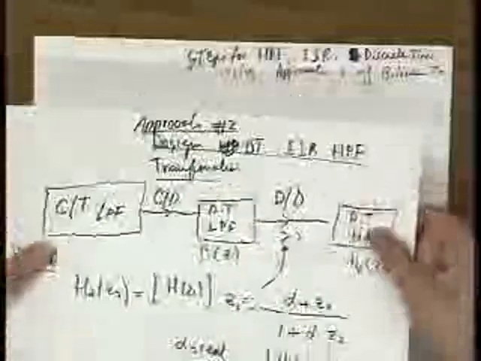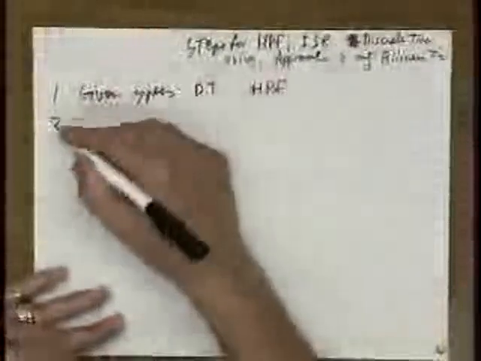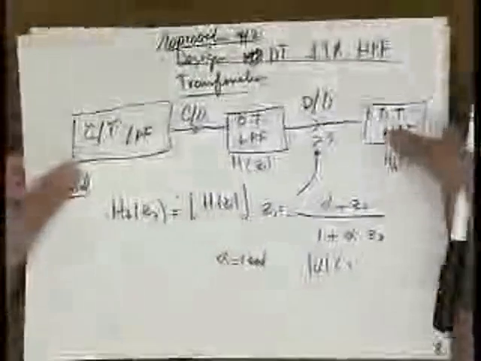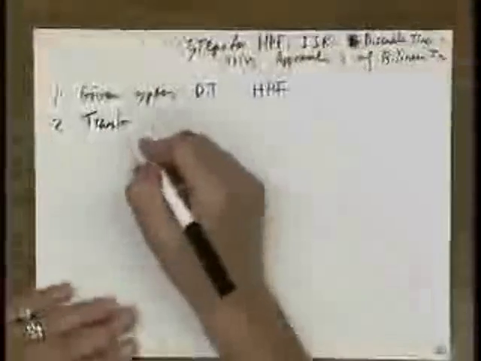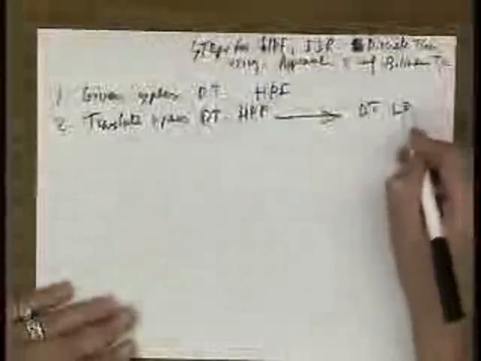So first of all, we start with specs for a discrete time high-pass filter, given from some system design. And now we have to translate those specs into what? Discrete time low pass filter. So translate the specs from discrete time high pass filter into discrete time low pass filter.